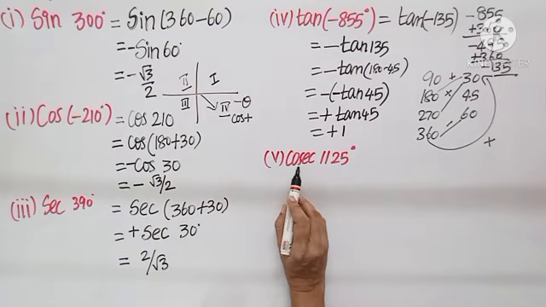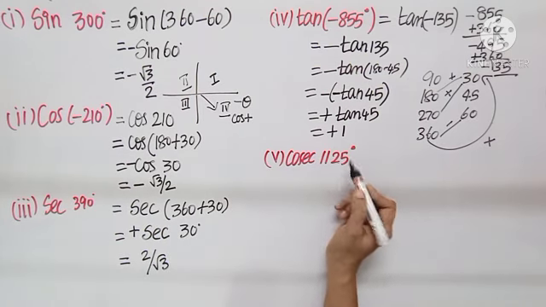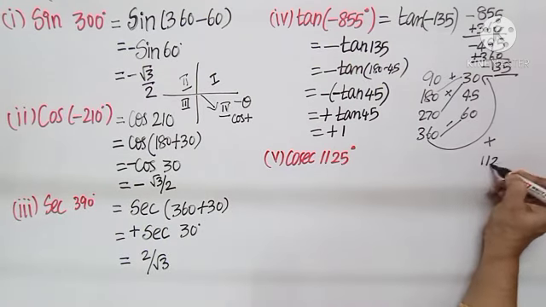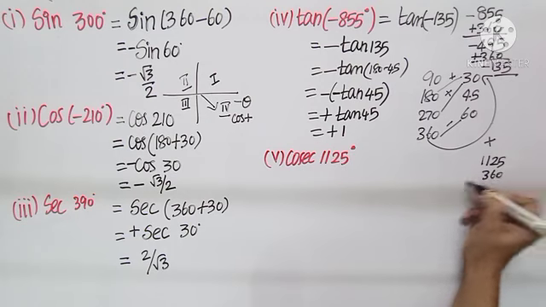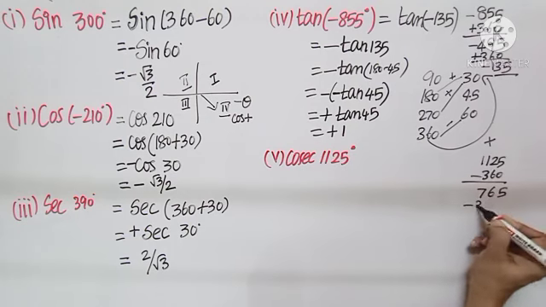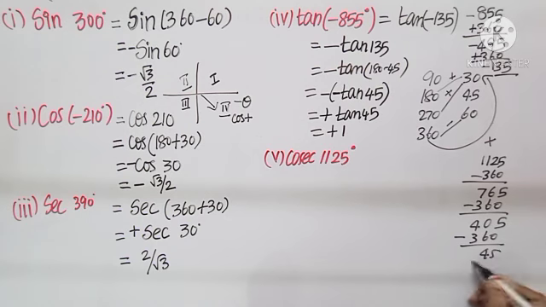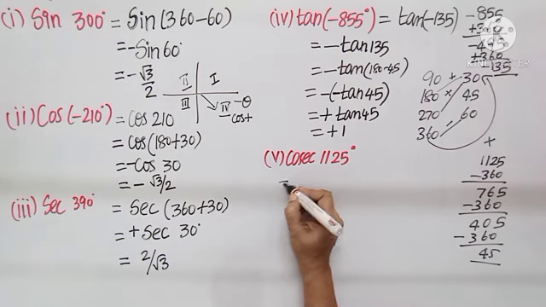When we come up to cosecant 1125. 1125 is a big number. Keep subtracting 360. I get 765. Again subtract 360. We get 405. Again subtract 360. We get 45. So cosecant.